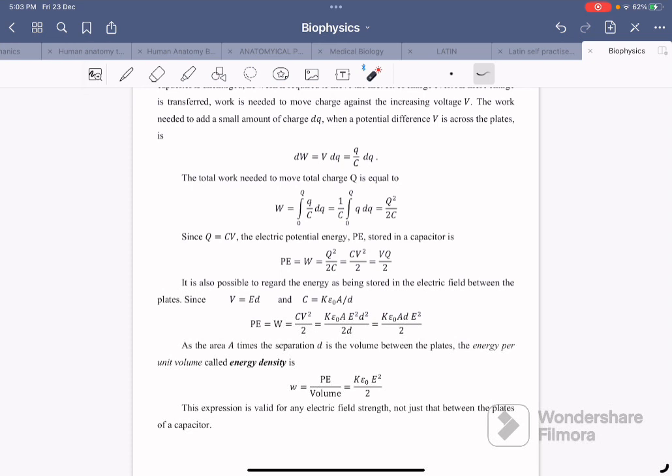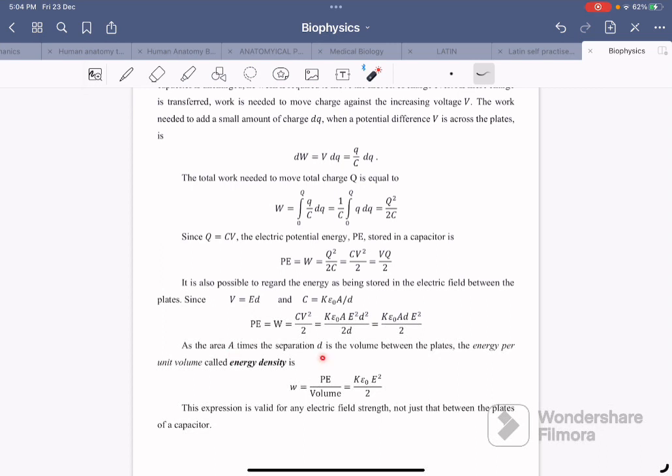After cancelling the D also, we can conclude that the actual value of potential energy in terms of electric field is K epsilon naught A D electric field squared divided by 2.